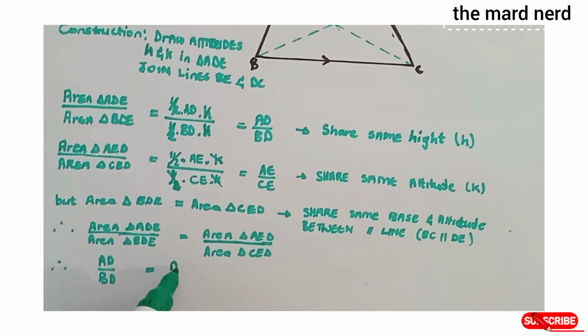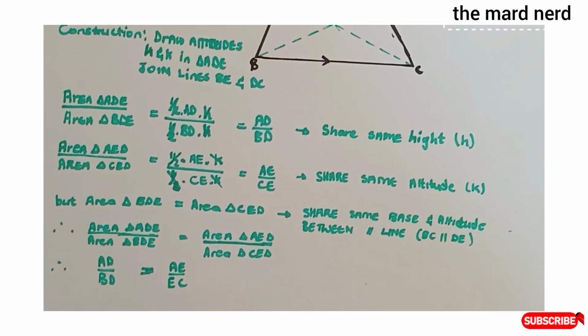So AE over EC. Now it means that we are done proving the proportionality. Here it is, we proved the proportionality. Now we are done.